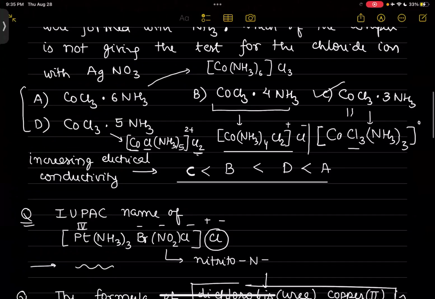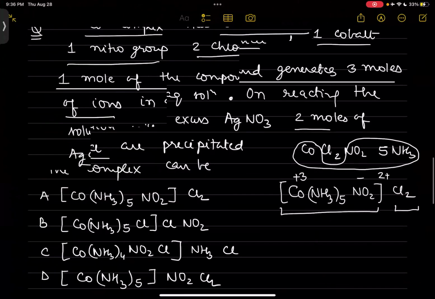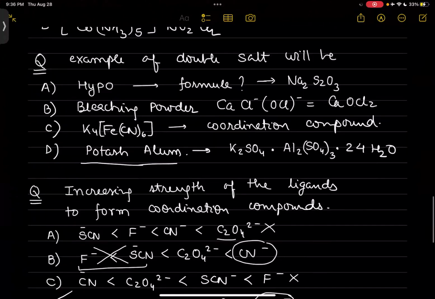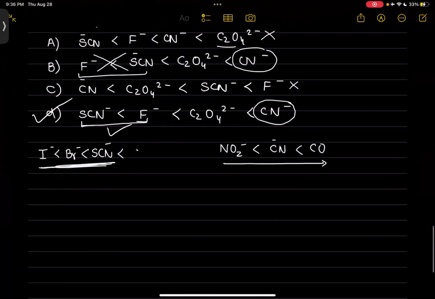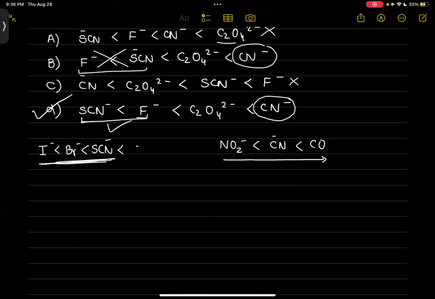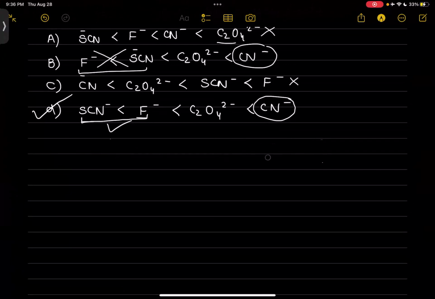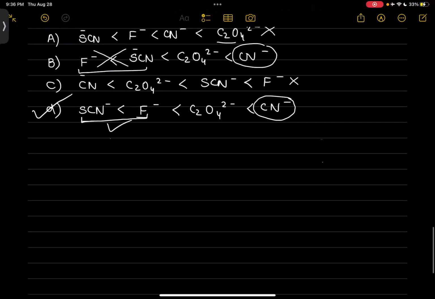In the last class, we went through questions related to Werner theory, IUPAC nomenclature, types of salts, and the spectrochemical series, which were asked in NEET. So let's do some more questions related to bonding, electronic configuration, and magnetic moment of these complexes. In case of any problem, do stop me, do ask me, and we will discuss it in detail.